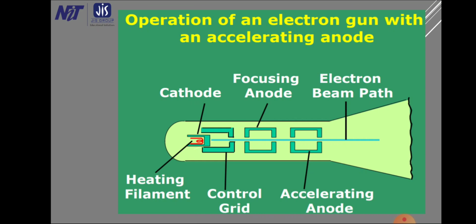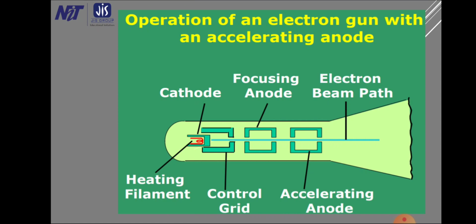The other two parts are the focusing device. Well, the structure and design of the CRT varies from one type of device to another, but typically you have the cylindrical structure of the focusing device and the accelerating anode. Both of these cylindrical devices, the focusing anode and the accelerating anode, are positively charged, unlike the control grid.